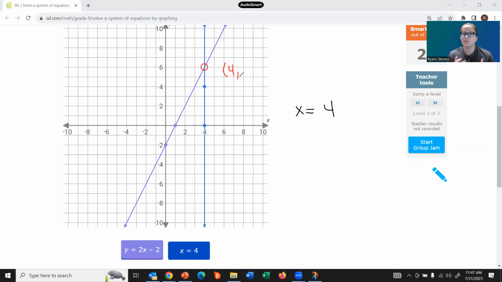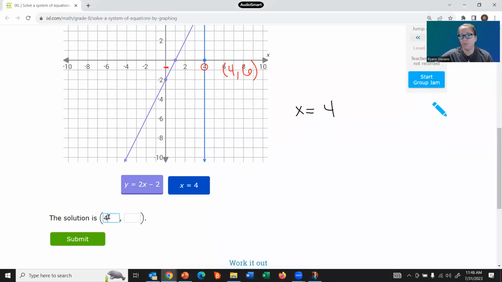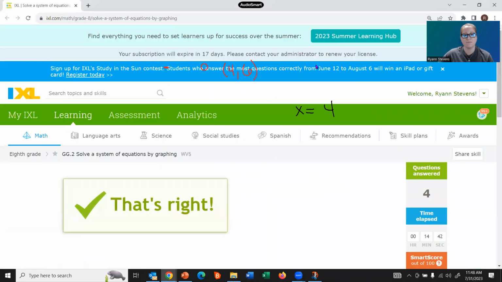So these equations are going to cross at the point where x is also equal to 4. And then our y would be lined up with positive 6. So 4 and then a positive 6. All right, and then we would go put this in as our answer. And we'll move on to another question.